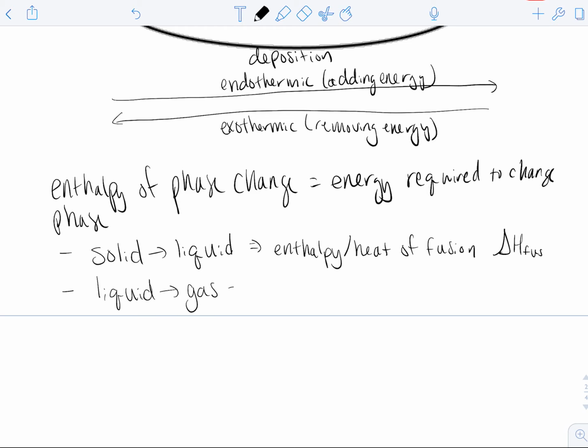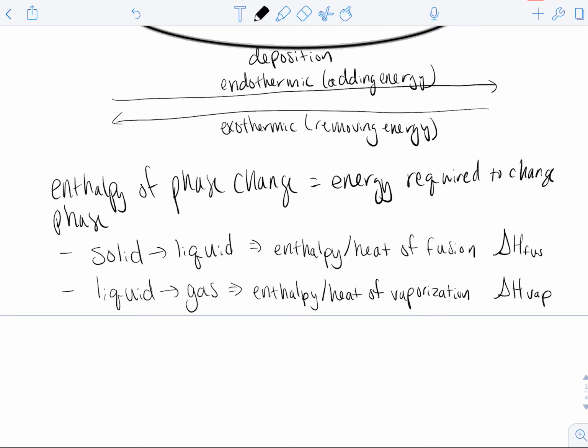is going to be enthalpy or heat of vaporization. So that's delta HVAP. Again, if we're going from a liquid to a gas, it would be positive.